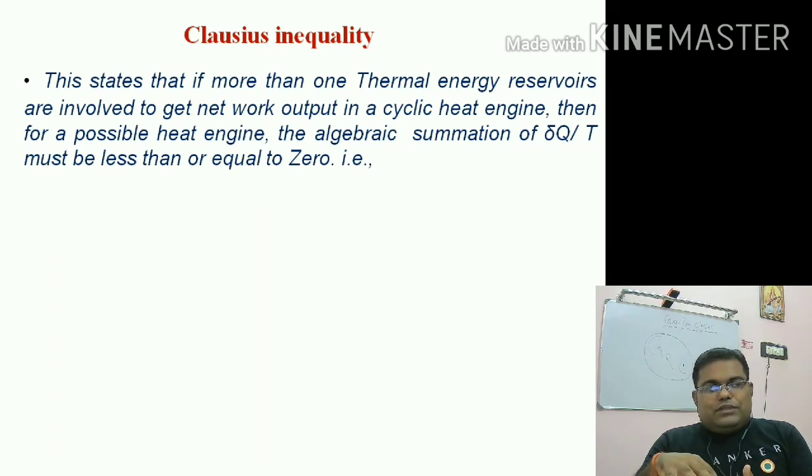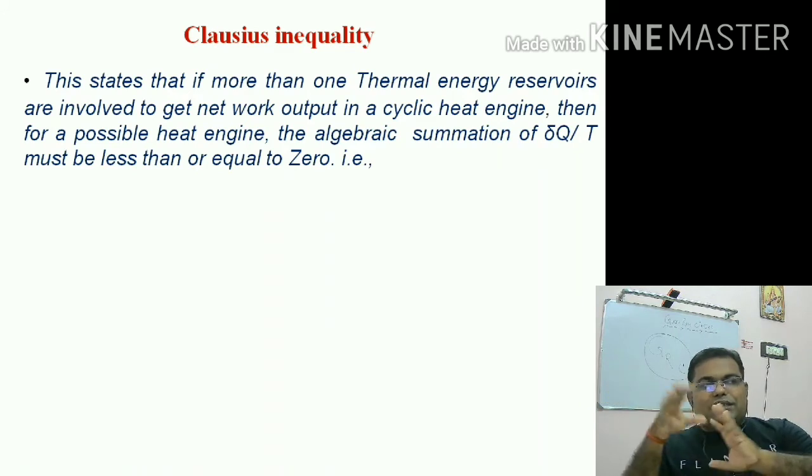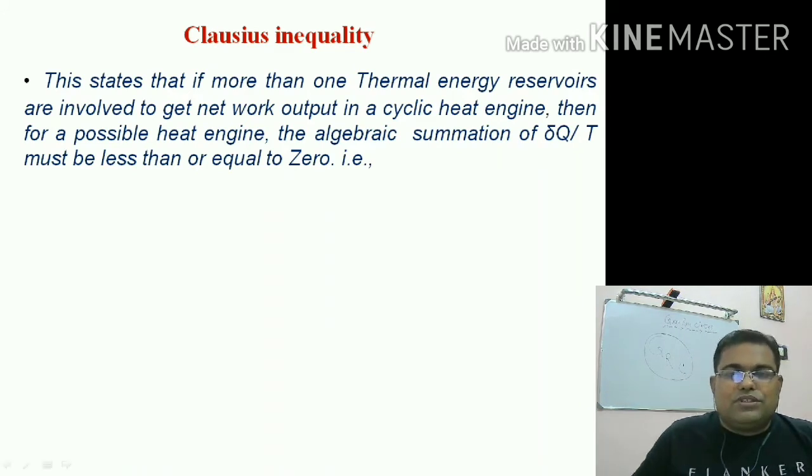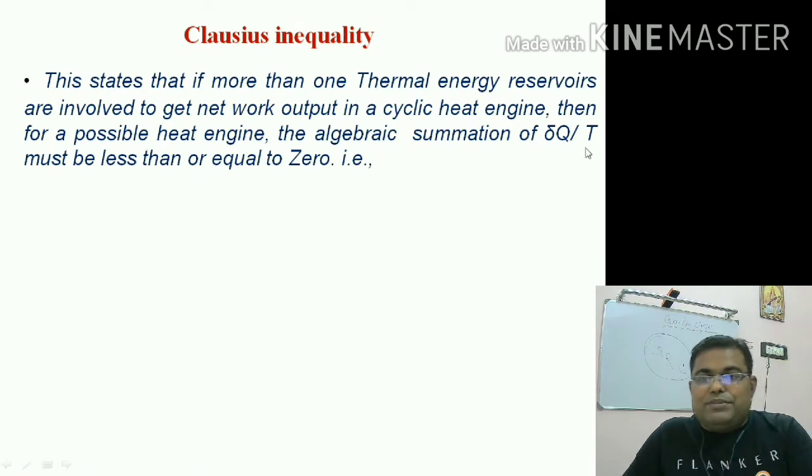So let's suppose in an engine we are having two to three thermal energy reservoirs through which energy interactions are taking place. Let's suppose it is taking heat from two reservoirs and sending heat to one reservoir, or it is taking heat from a single reservoir and sending heat to two different reservoirs. If you take the algebraic summation of heat transfer and corresponding temperature, dq by T, that should be less than or equal to 0, and this is known as Clausius inequality.